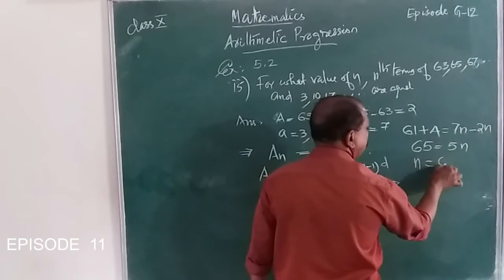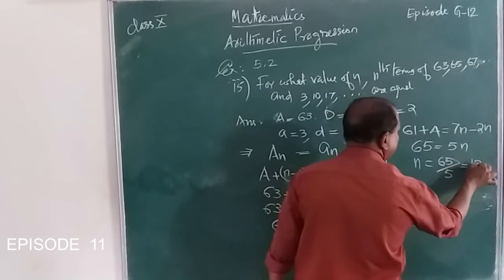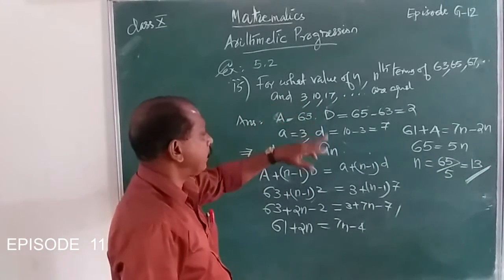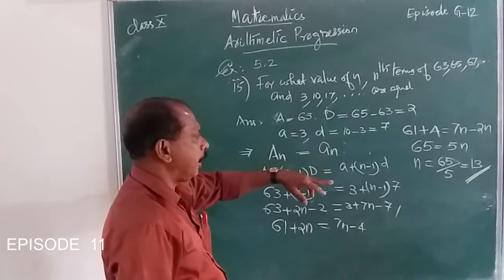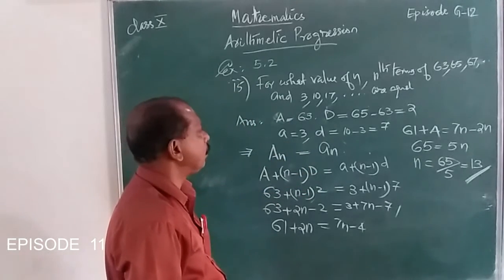Therefore n is equal to 65 by 5, that is 13. So the 13th terms of the first and the second are equal.